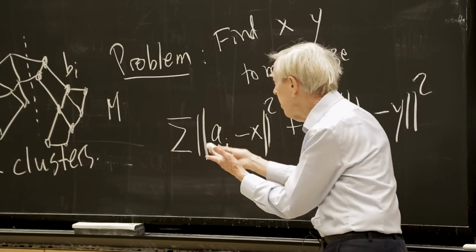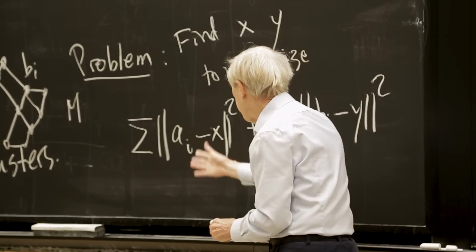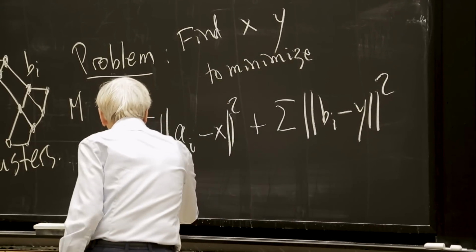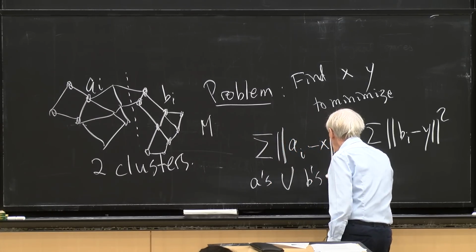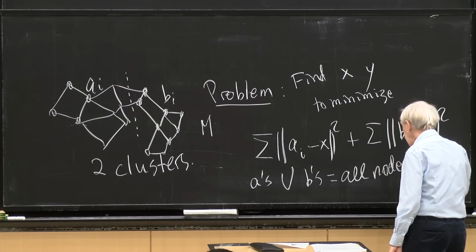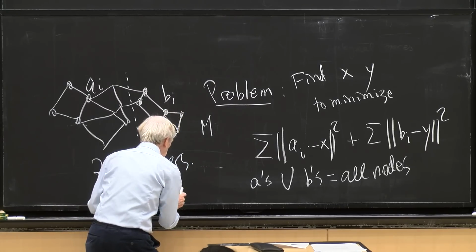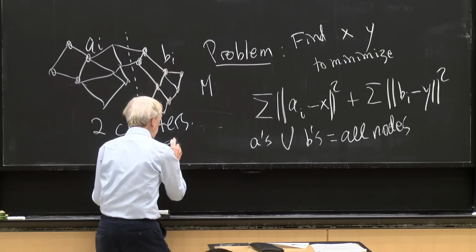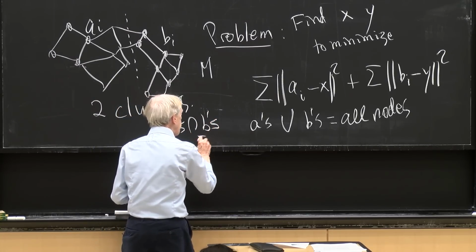And you understand the rule here, that together the a's union the b's give me all nodes. And to be complete, the a's intersect the b's is empty.